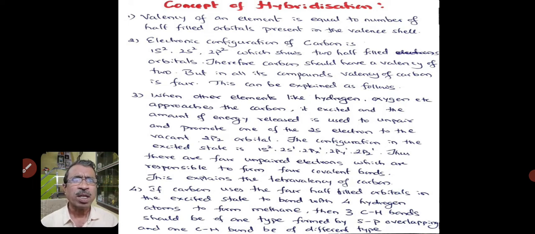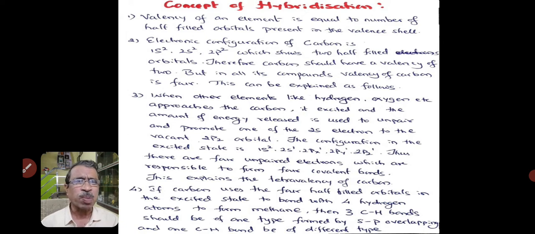That means one electron is present in the 2px orbital and another electron is present in the 2py orbital, and the valence shell contains two electrons in the 2s orbital. This electronic configuration shows that the valency of carbon must be 2. But in all its compounds, the valency of carbon is 4.